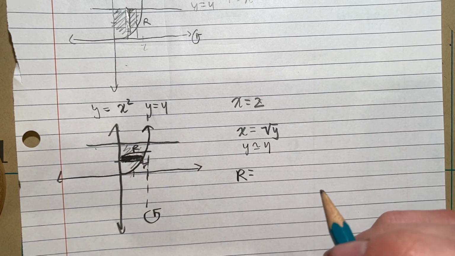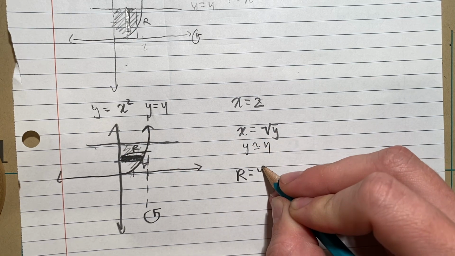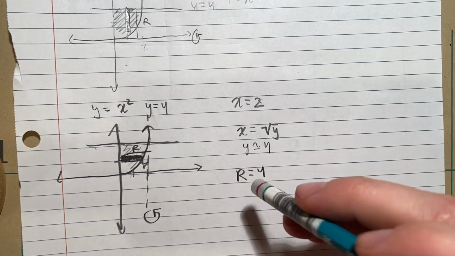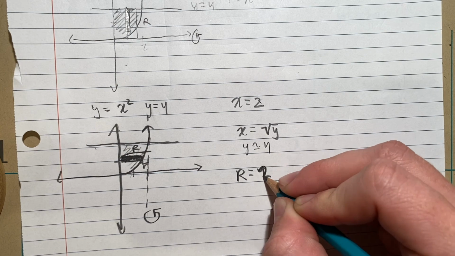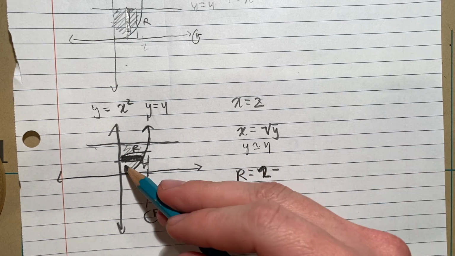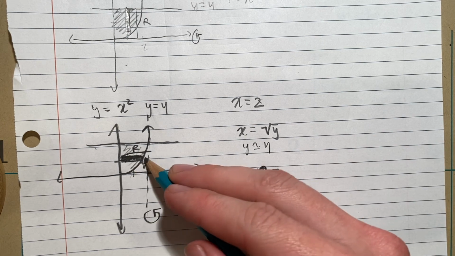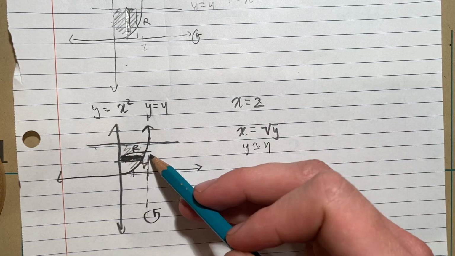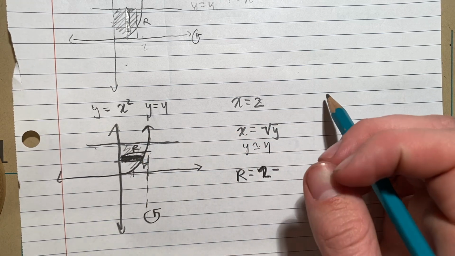And that's a good way to think about it, because we're starting over here, at 2, sorry, oh my goodness. It's going to be 2 minus, and then, let's see, okay, sorry.